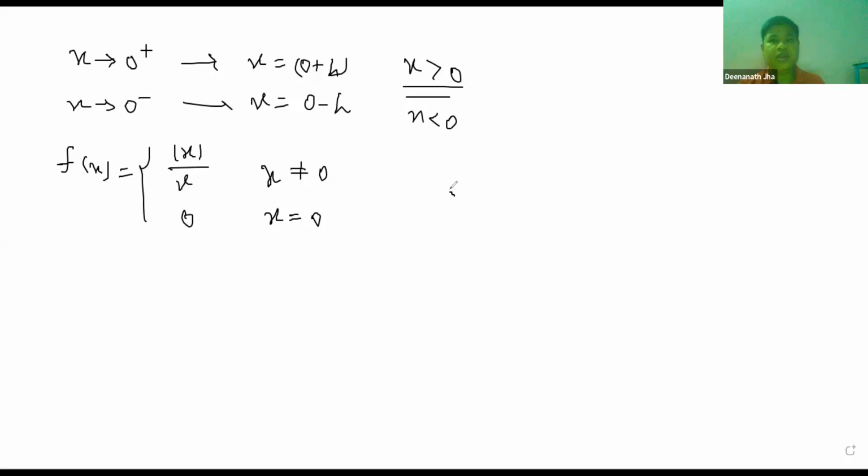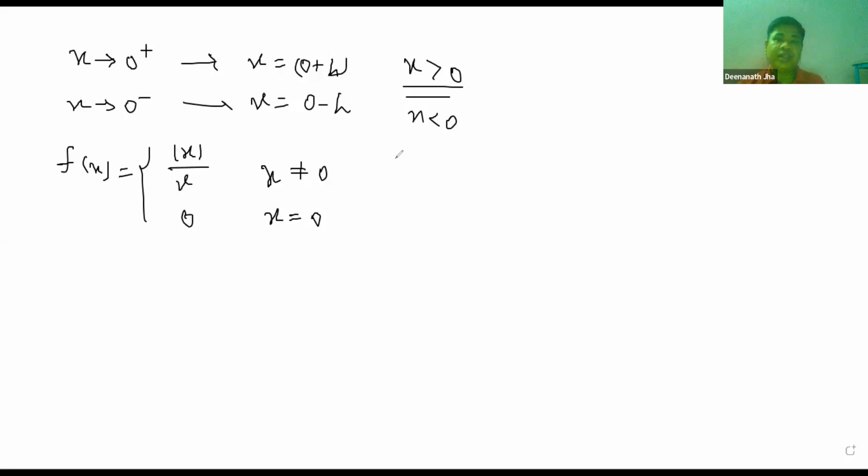Here it is not necessary, but I just want to know. It is the signum function. Have you heard of the signum function? Yes, sir. Okay, so it is the signum function. It is not compulsory here whether it is the signum function or not, but you have to show whether it is continuous or not.